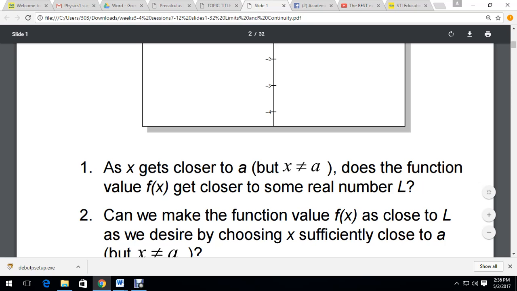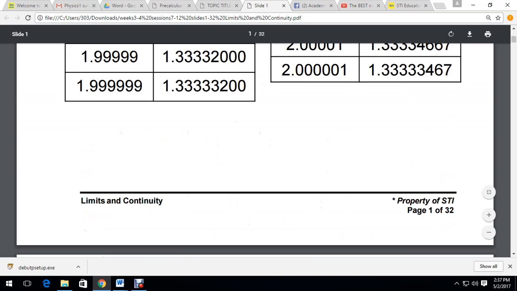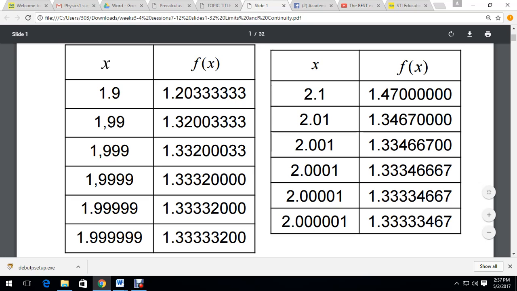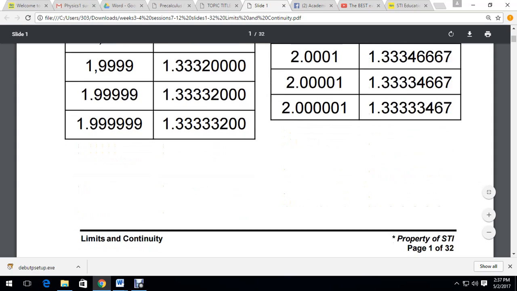As x gets closer and closer to a particular value a equals 2, but x is not equal to 2, the function f of x gets closer and closer to some real number value L. In this case, we suspect that that L would be 1 and 1/3 or 4/3.